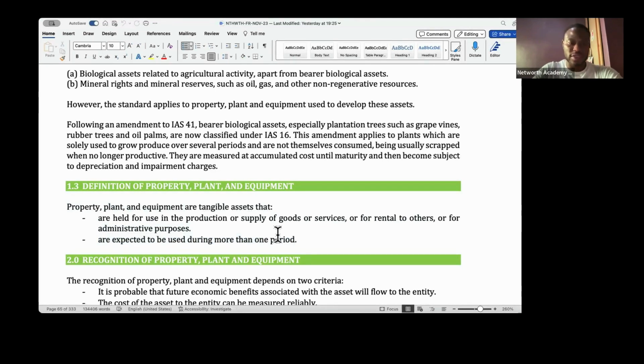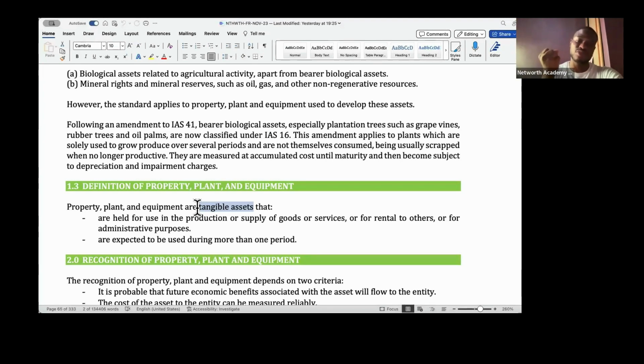This goes to show that when we say PPE, one of the first important elements is that it has to be a tangible asset. And when we say tangible, it means that you should be able to see or touch the asset.